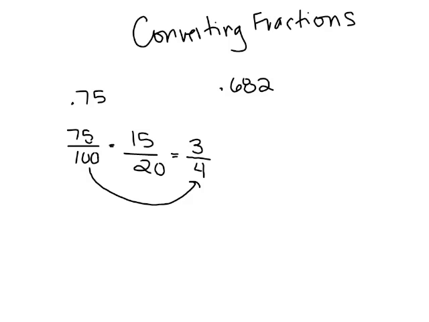So how about 0.682? How would I convert that into a fraction? 3 zeros. Okay, 3 places after the decimal, so I need 3 zeros. 682 over 1,000. What do I know they're both divisible by automatically? 2.